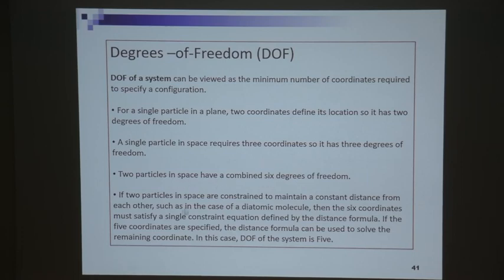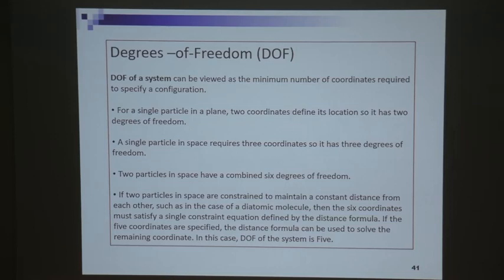If the 2 particles in space are constrained to maintain a constant distance from each other, now you have the term constraint coming in. The 6 coordinates must satisfy a single constraint equation defined by the distance formula, so they must always maintain a single distance.